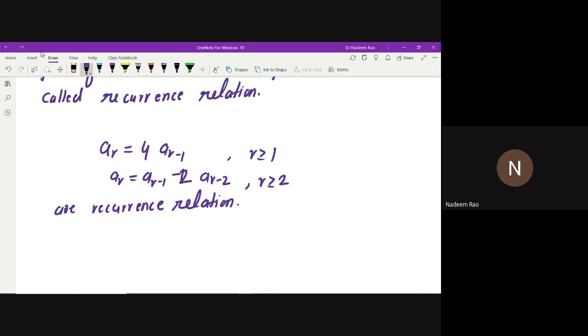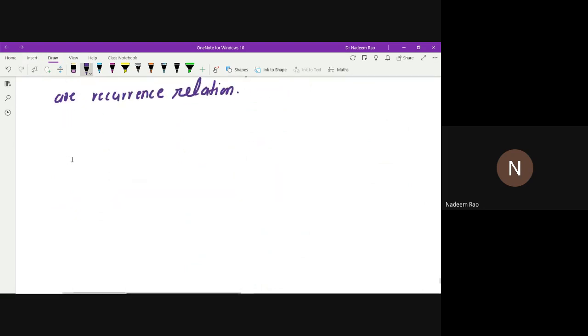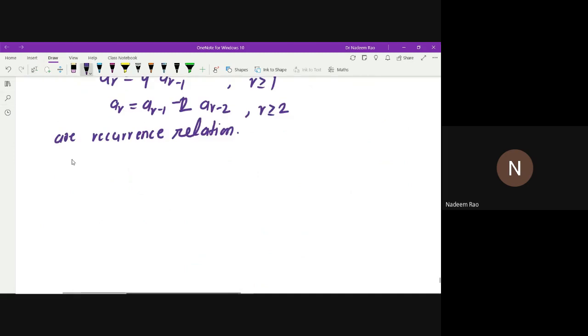So here we will define the order of the recurrence relation and the degree of the recurrence relation. What do we mean by the order of the recurrence relation?